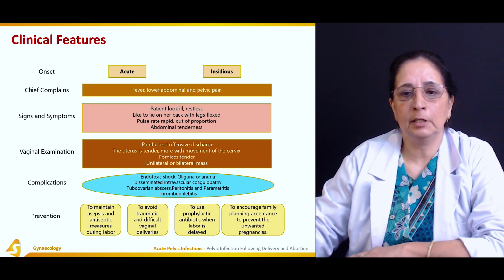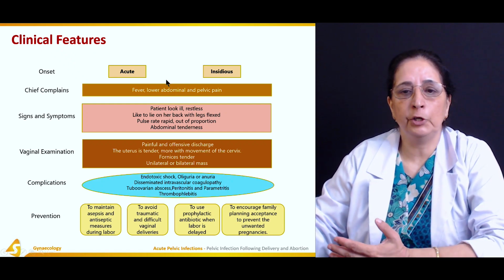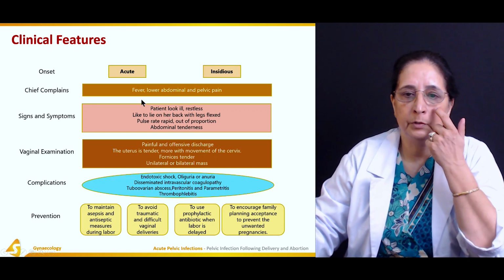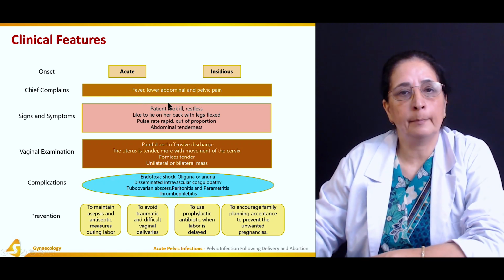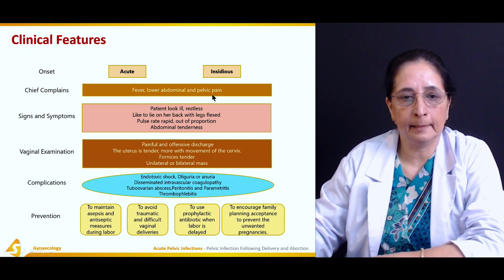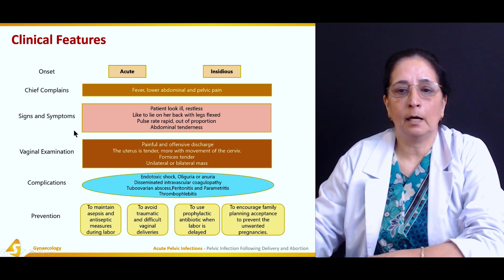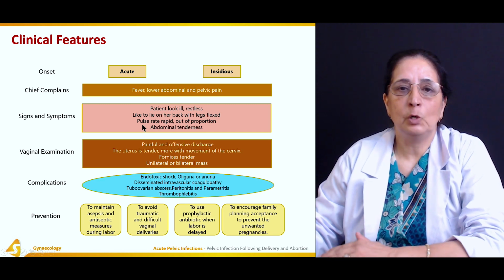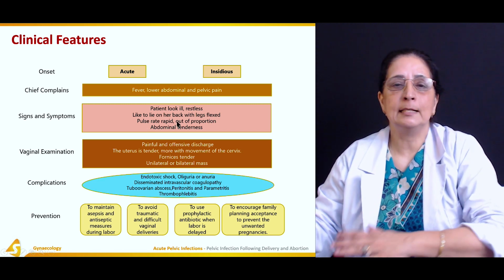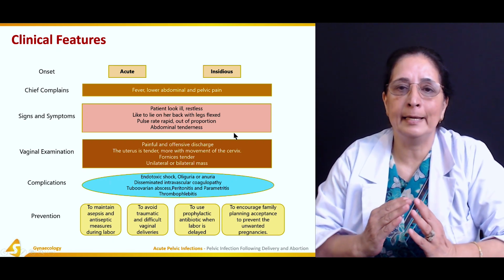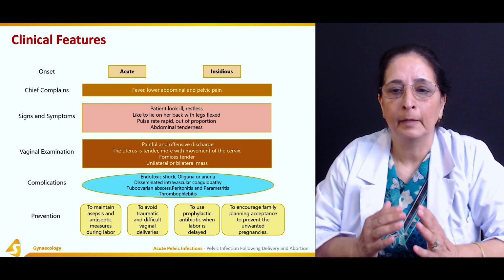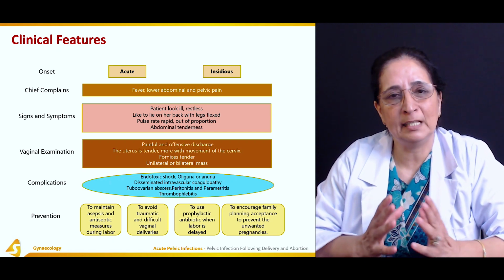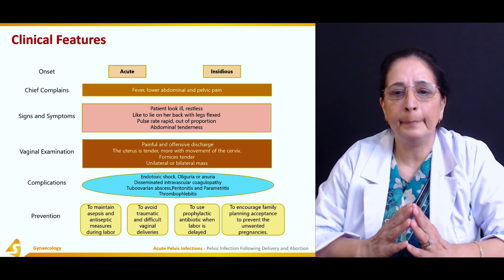Some clinical features: it is divided into acute and insidious. The chief complaints are usually fever and lower abdominal and pelvic pain. Signs and symptoms are that the patient looks ill, restless, and likes to lie on her back with legs flexed. Flexed means the bending of the legs at the knee. That gives them a little relief from the pain.